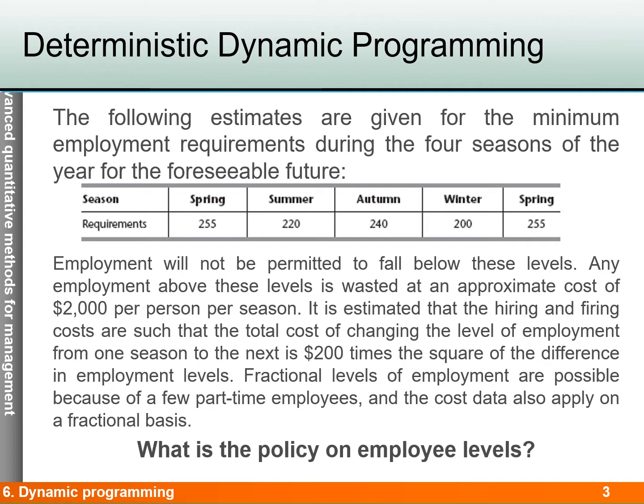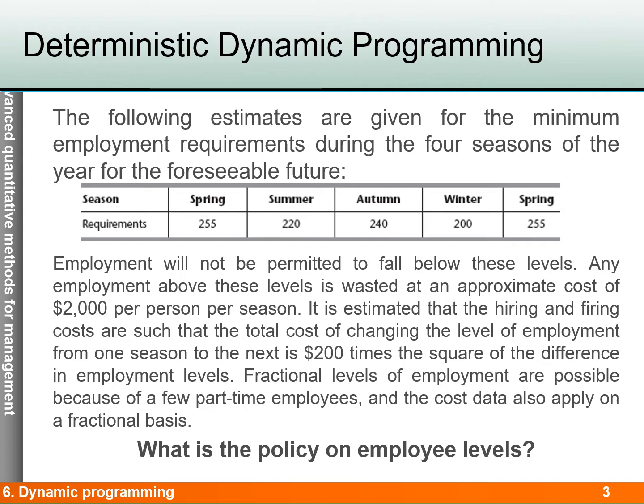So to not have a problem with the minus in the cost, as you see here, it's a square. So if we name this period xn and the previous period xn minus 1, the cost that happens here is 200 multiplied by the square of xn minus xn minus 1.